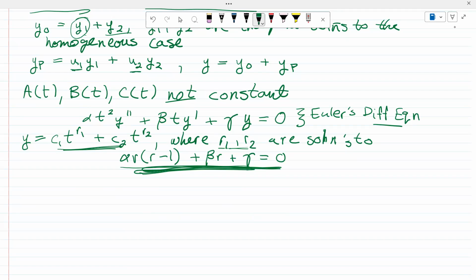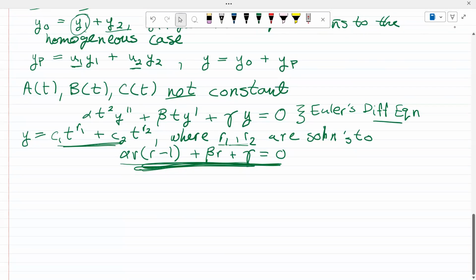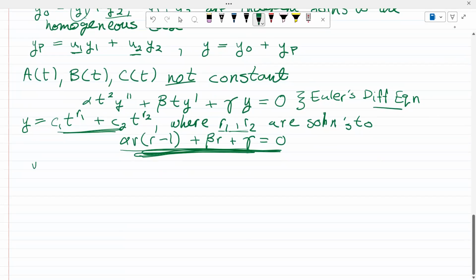Then, if we have something in the form y double prime plus p of t y prime plus q of t y, which I'm actually going to write just down below here, equals 0.